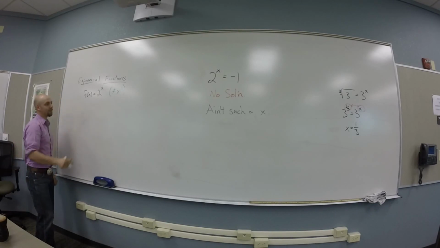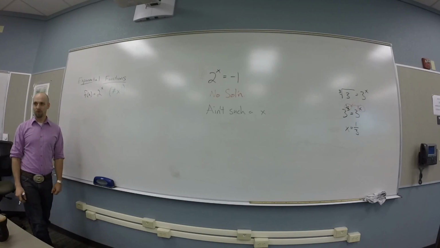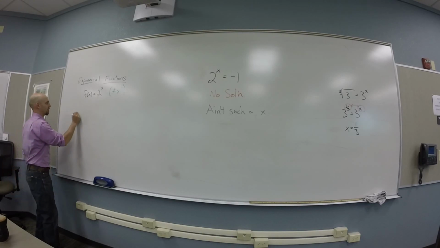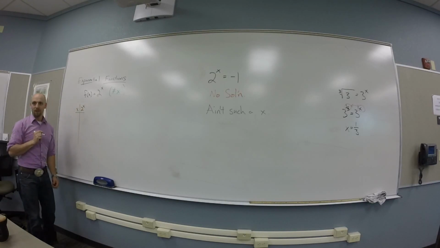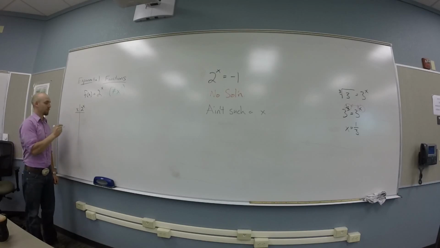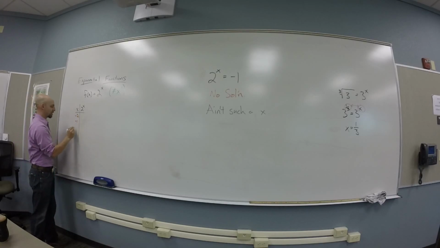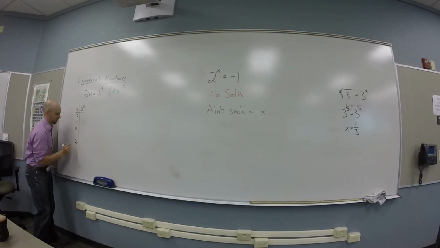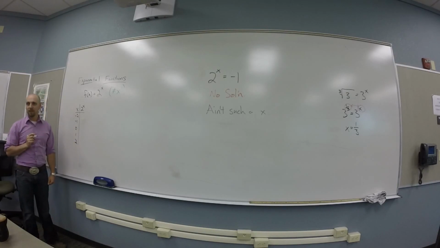So how do I graph a function that I don't know? I want to know x's and 2 to the x's, and then I'm going to graph them. So I get my 5 favorite numbers out and I plug them in.